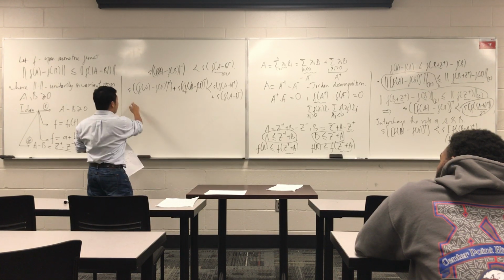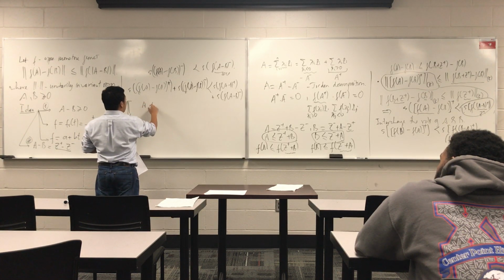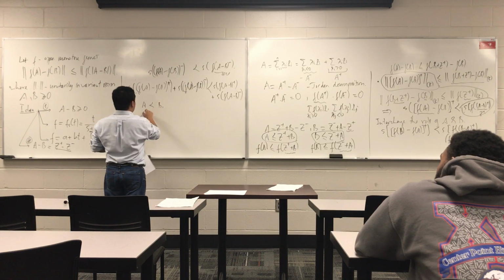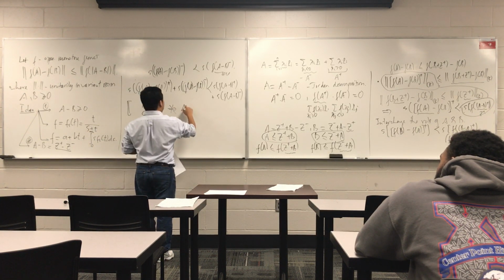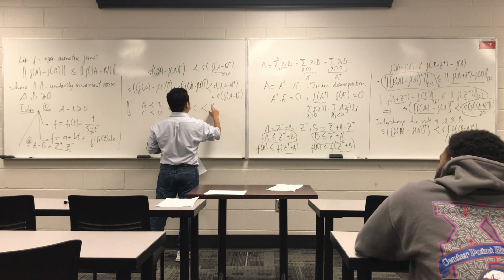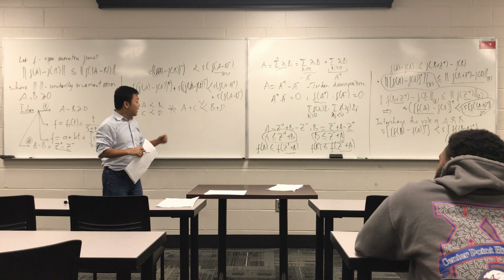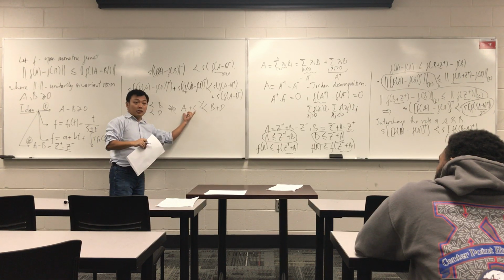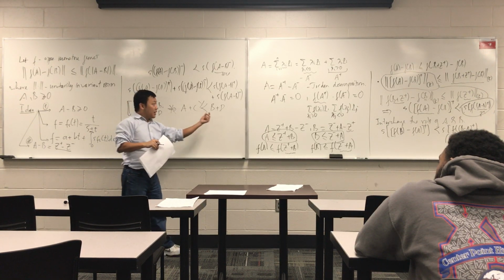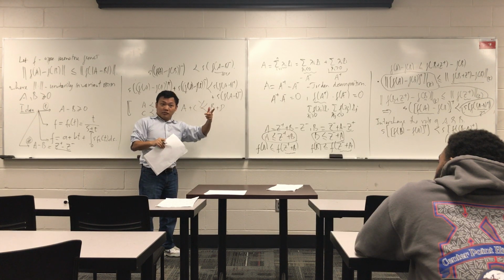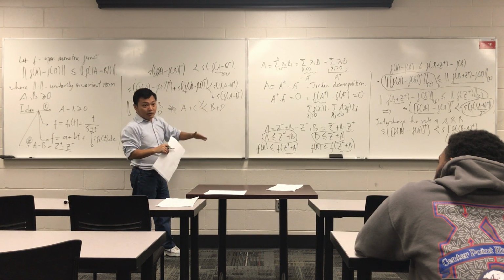Otherwise, in general, we don't have this. If A is majorized by B and C is majorized by D, we don't have A plus C majorized by B plus D in general. But in case these two are orthogonal, meaning the product is 0, we can do that.